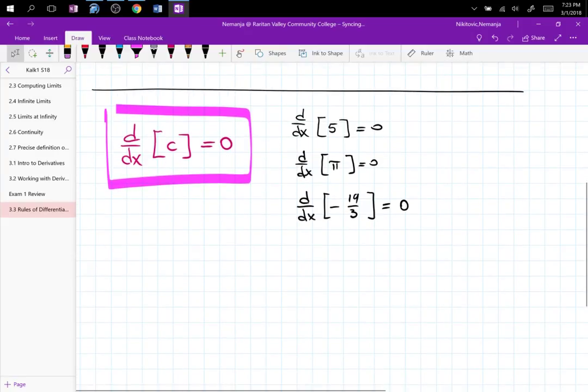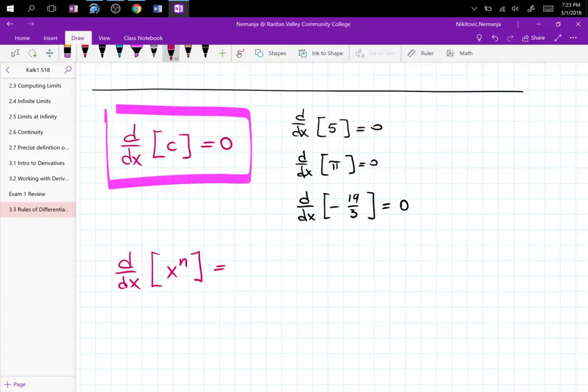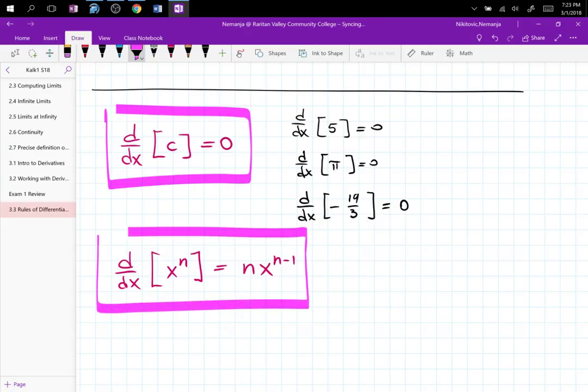Now we move to the next formula that we need to memorize, and that is the derivative of x to the n is equal to n x to the n minus 1. This formula for taking derivatives is covering a lot.